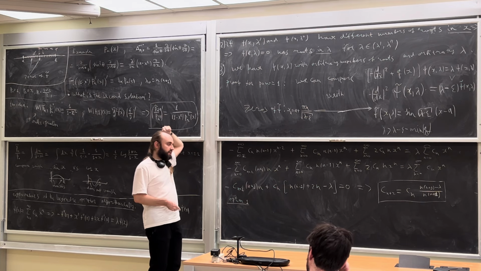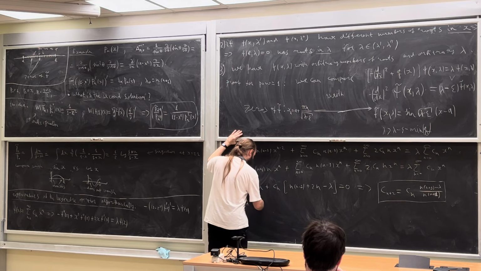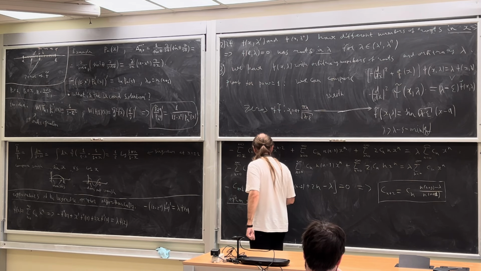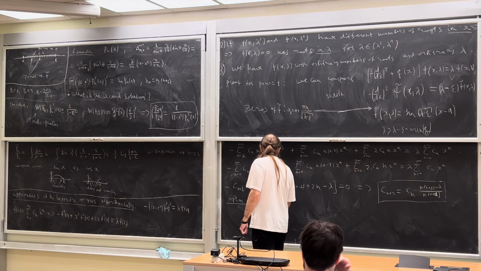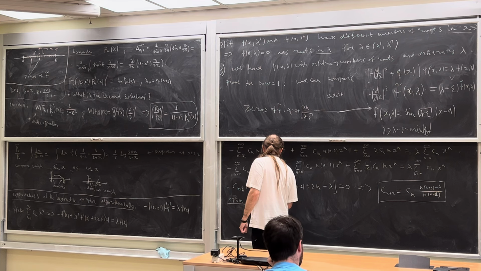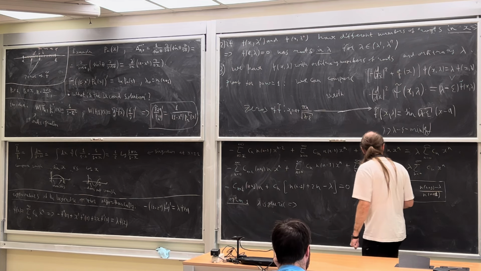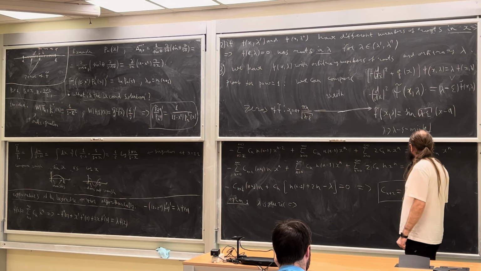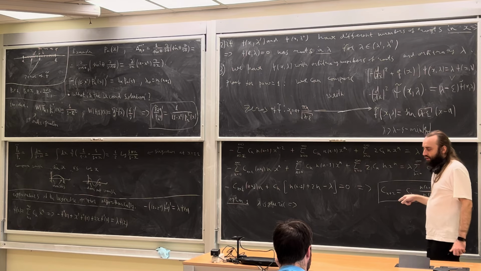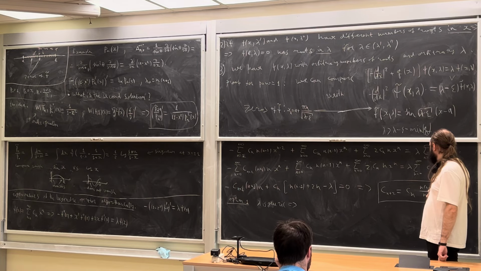Option 1 is lambda generic. Then this recurrence can be solved in terms of gamma functions, but it's not really needed.